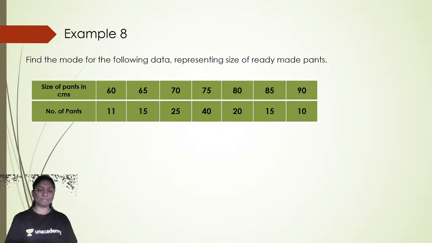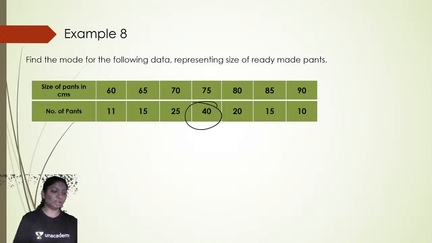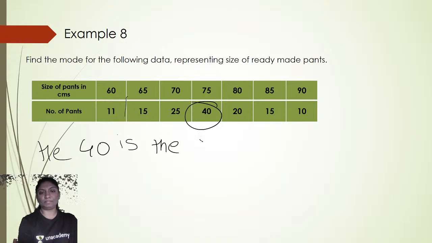So what is the maximum frequency here? 40 is the maximum frequency, correct? Here 40 is the maximum frequency, therefore it is the modal size. So the modal size of the pant is 75 centimeters. Okay, this is the value corresponding to the maximum frequency.